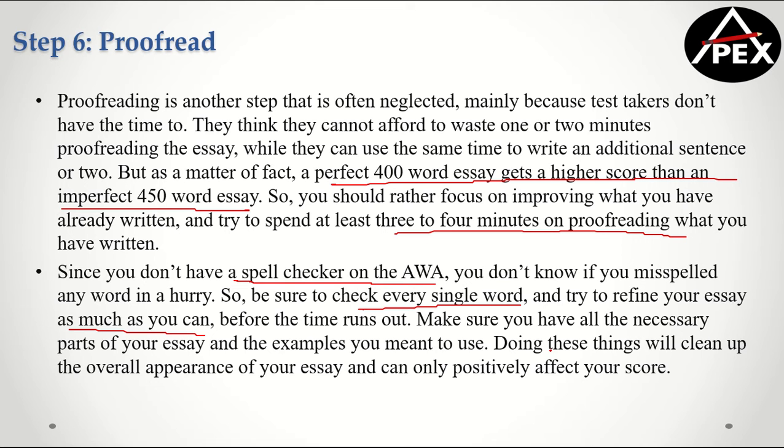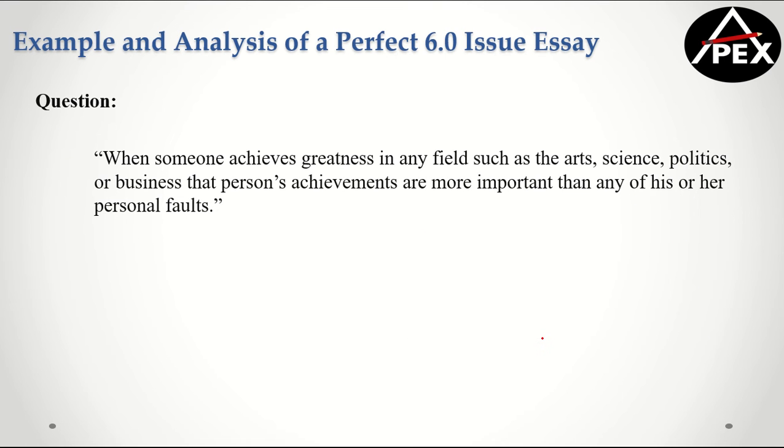Alright? Now, this is not the end of the lecture. We'll be looking at an example and the analysis of a perfect 6.0 score issue essay. Okay? Now, my suggestion is that you take at least 20 to 30 minutes, sit through the video, and write down the essay of this particular question.